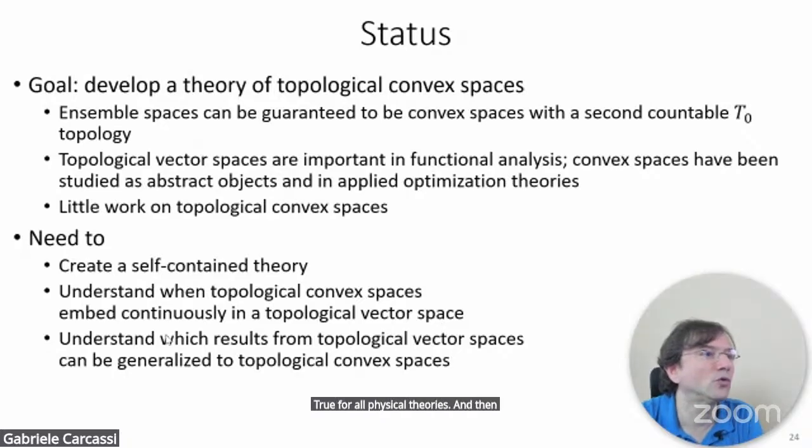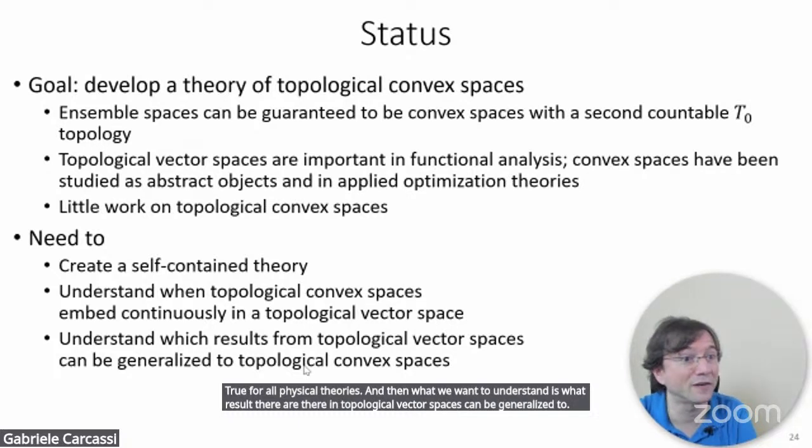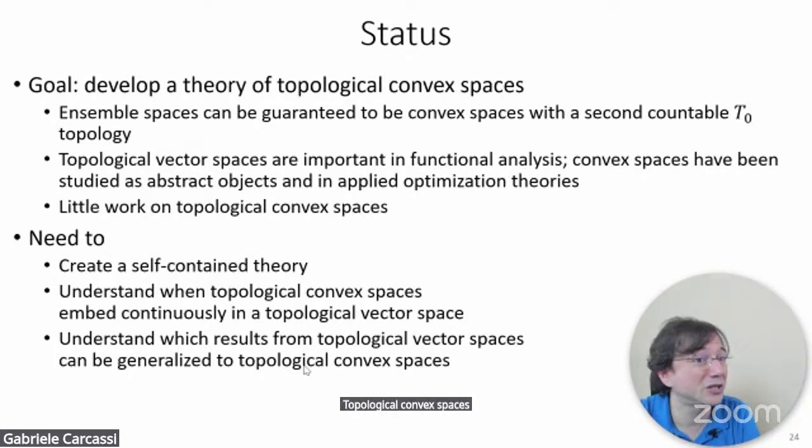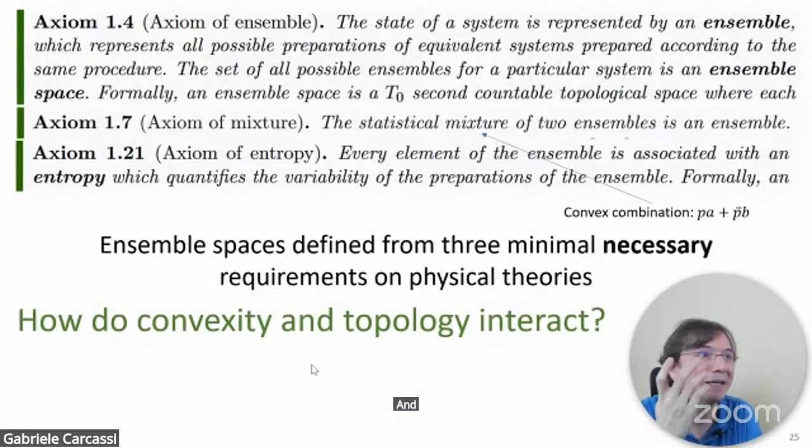And then we want to understand which results that are there for topological vector spaces can be generalized to topological convex spaces. My hunch is that this should be a lot, but again, it's not a matter of mathematical detail.